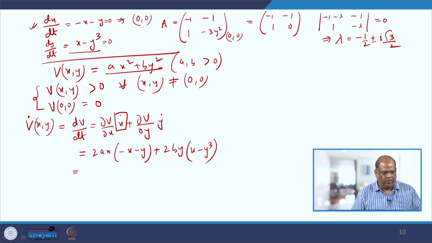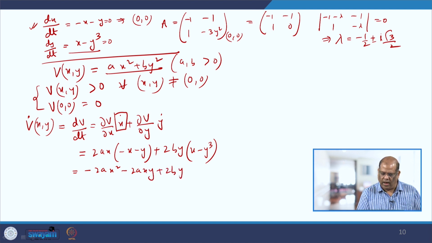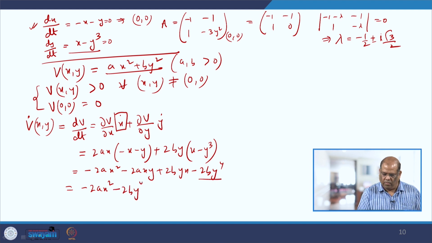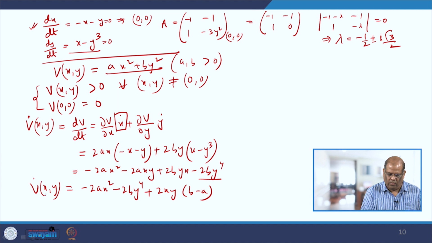Now, you simplify. So, it is minus 2a x square minus 2a x y plus 2b y x minus 2b y to the power 4. So, I get minus 2a x square minus 2b y to the power 4 plus 2xy into (b minus a). So, this is my V dot.